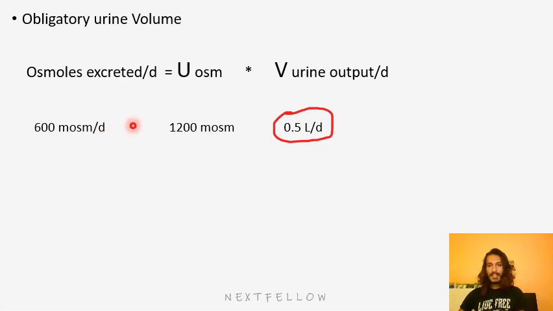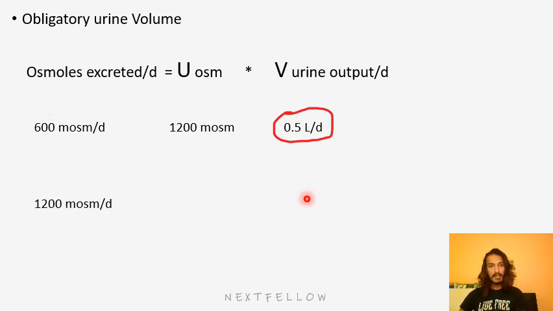Apart from that, you're taking in something very hyperosmolar, like seawater. What is going to happen? So on top of this, you need to excrete that hyperosmolar substance also now. For that, you need some water. So the amount of water should be more now to excrete that extra osmolarity that you just took in.